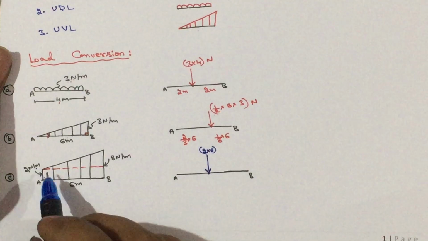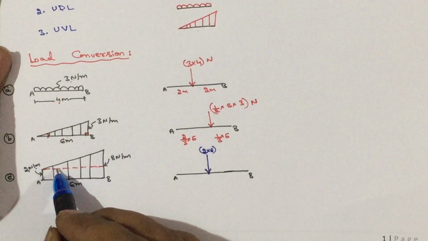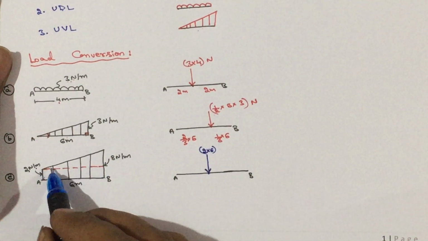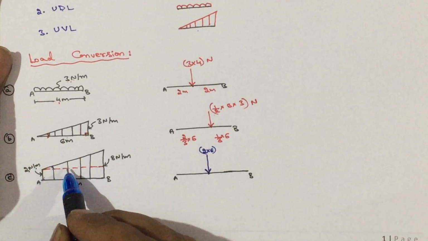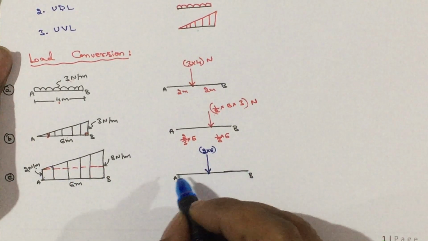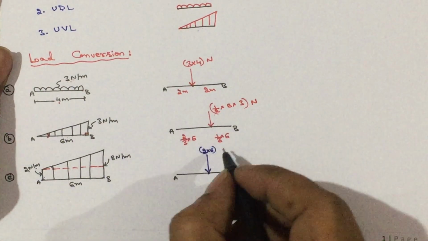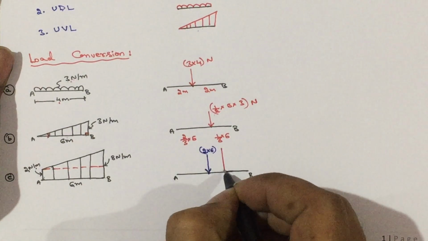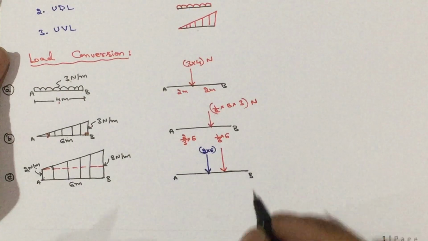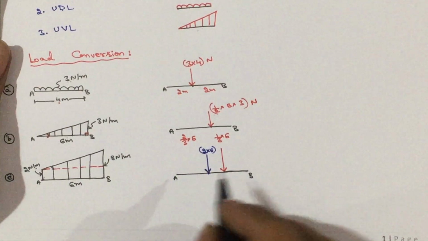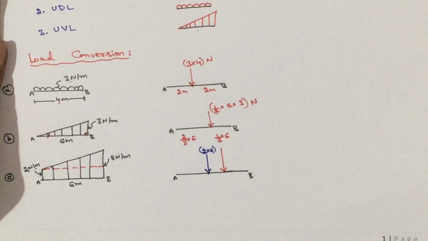Then, here we have UVL. So, where it will act? From the acute angle, it will act at a distance of 2 by 3 into distance. So, somewhere you are going to get here. Okay. Then, how much it is going to act? First, let us write the distance.